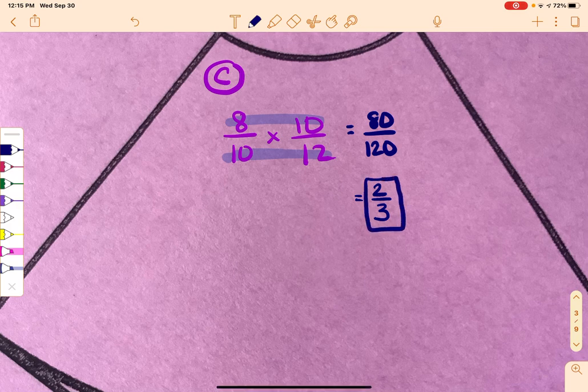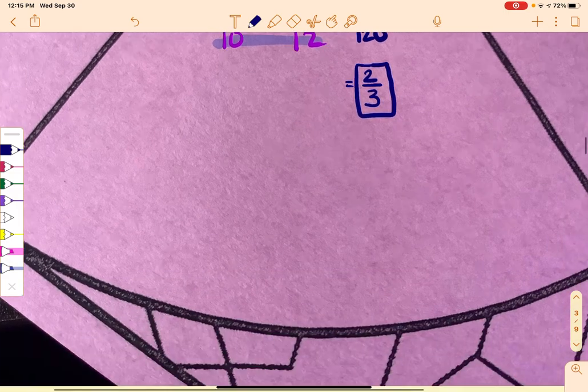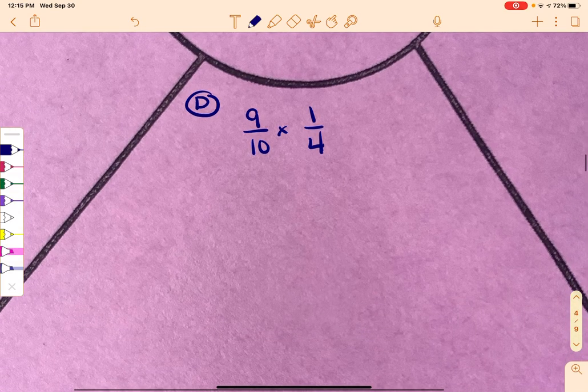Okay, we've got one more on the front we're going to look at, and then we're going to move to the back. So here's D. D is 9 over 10 times 1 over 4.